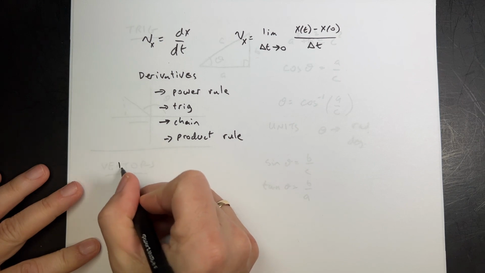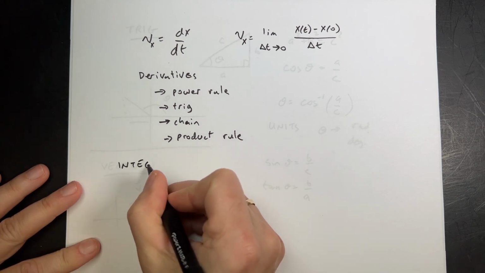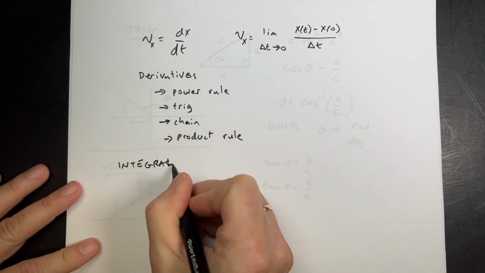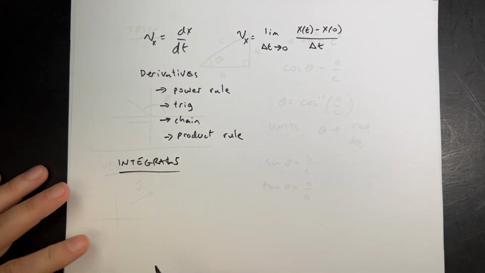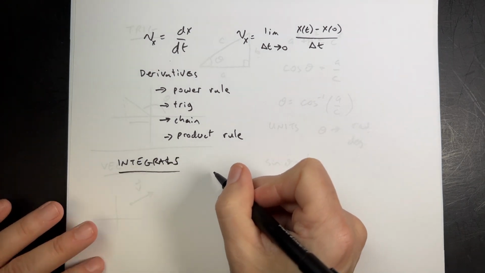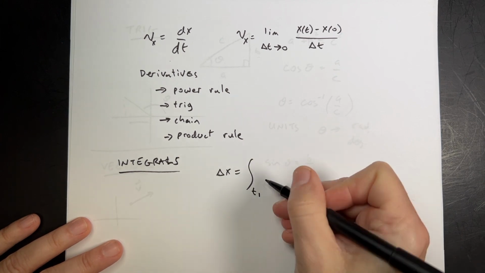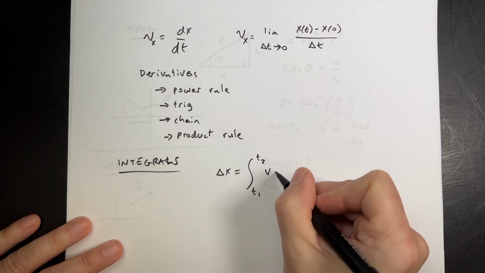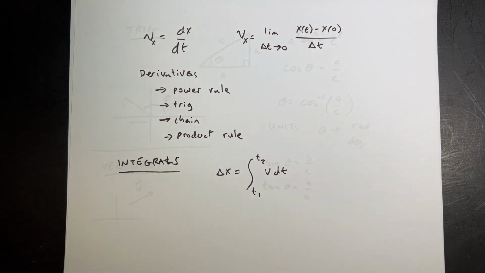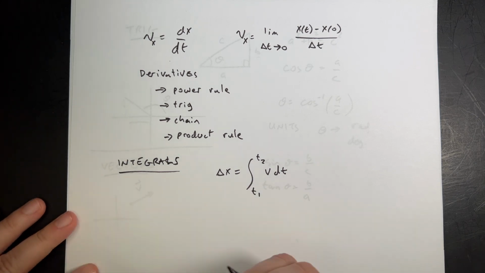What about integrals? So an integral would be something like delta x is the integral from t1 to t2 of v dt. And I think the number one thing for integrals, again, we're going to learn about integrals.